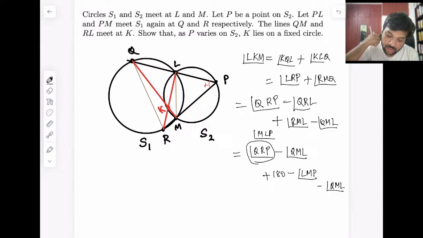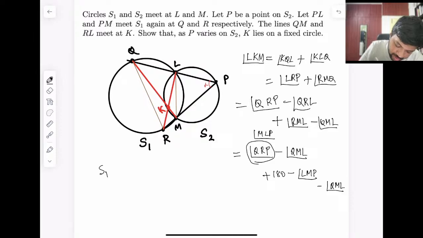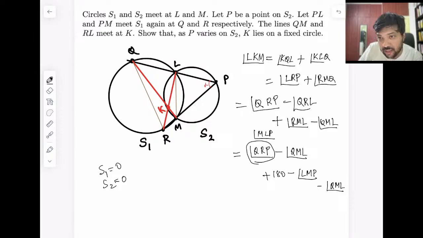What about abridged coordinates or something? Can we do that? Like if you have S1 equal to 0, coordinate geometry, S2 equal to 0. I'm just trying different things. I think you guys should be trying and telling me what to do, different strategies. What do you guys think?